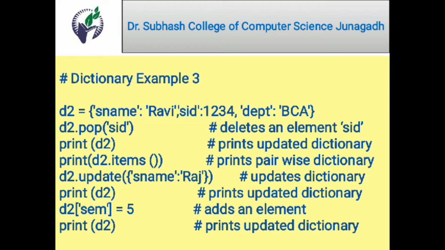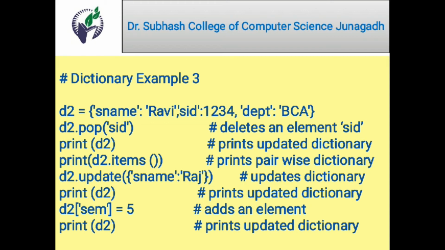Previously it was Ravi, now it will be updated with Raj. So the output after this statement, once we print D2, will be the updated dictionary. Updated means after changing Ravi to Raj.